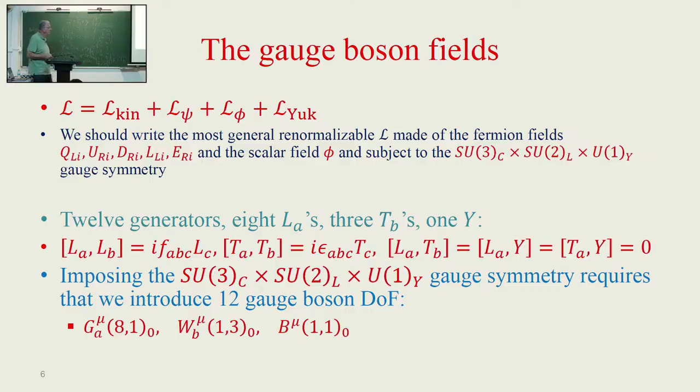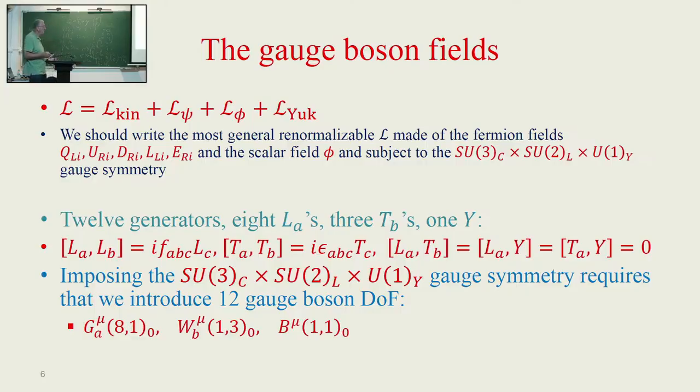So we have 12 generators. It means that to have local invariance, we impose a local symmetry. We have to introduce 12 gauge boson degrees of freedom: an octet for the SU3 color, which is a singlet under SU2 cross U1, a triplet for the SU2 local symmetry, which is a singlet under the SU3 color times U1 hypercharge, and something which is neutral under all, a singlet of SU3, a singlet of SU2, carrying no hypercharge, for compensating the non-invariance due to the local U1 transformations.